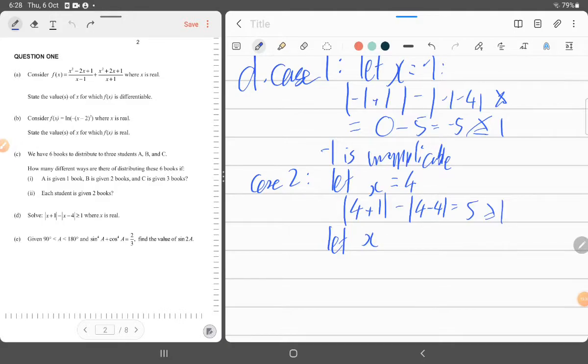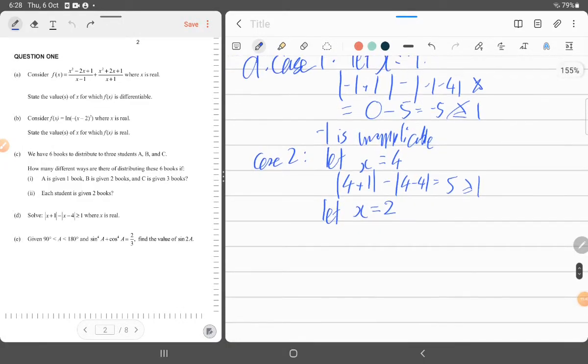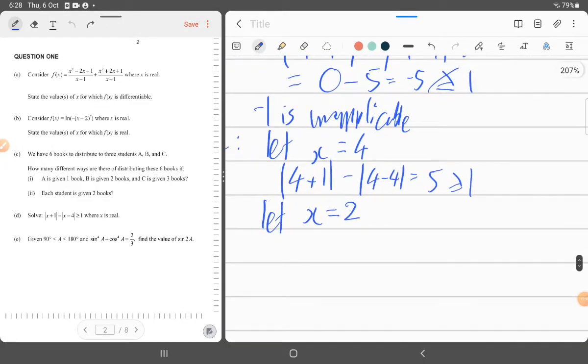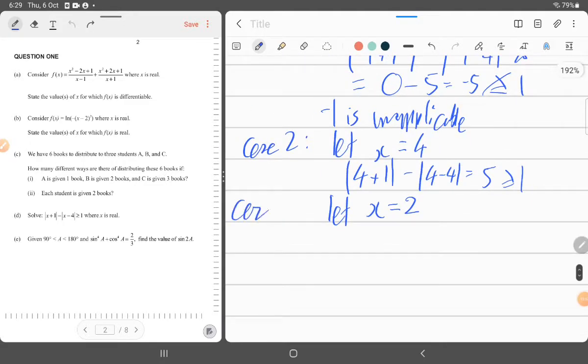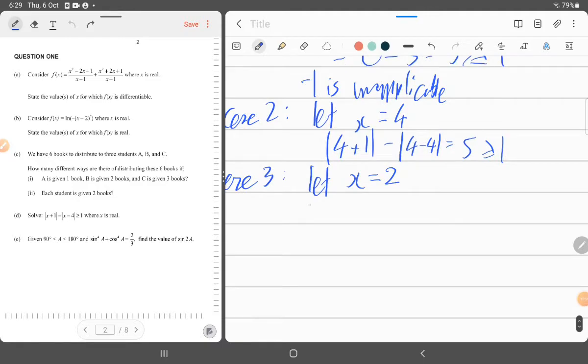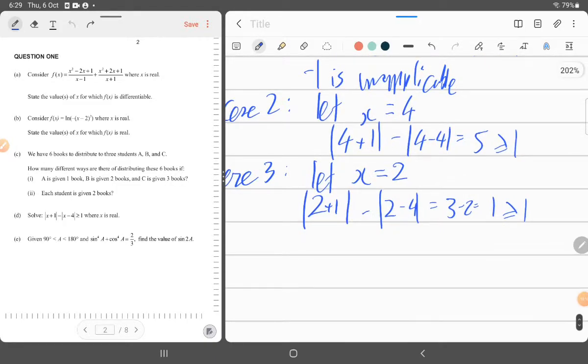So let x equal to, I should do case 3. Let x equal 2. Absolute value of 2 plus 1 take away absolute value of 2 take away 4, which is 3 take away 2, which is equal to 1, which is greater than or equal to 1.